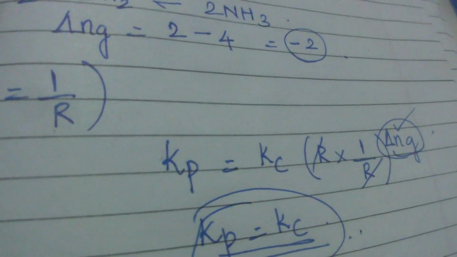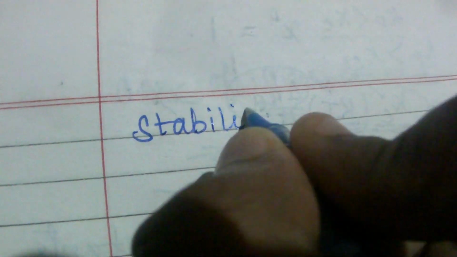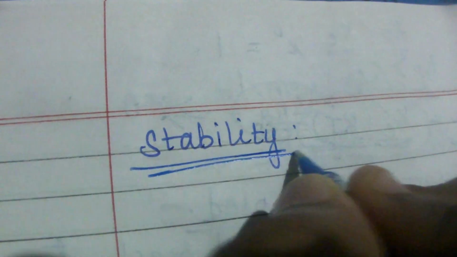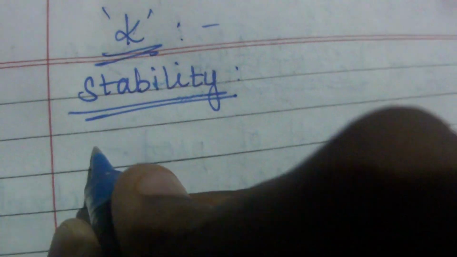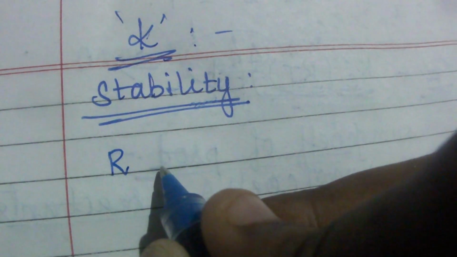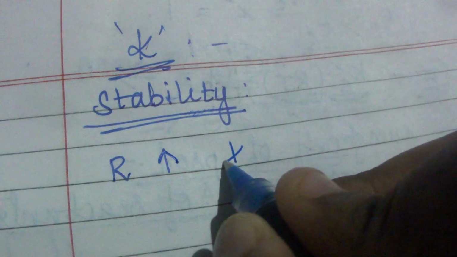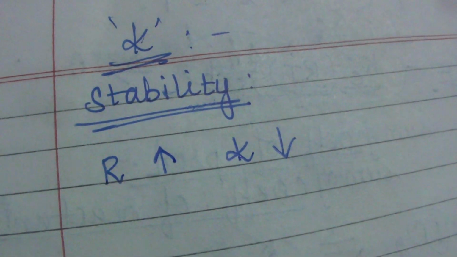Okay, so what is actually this K? The application of K, what can we actually derive by means of K, is the stability of the reactants and products. The stability of the reactants increases when the value of K decreases.